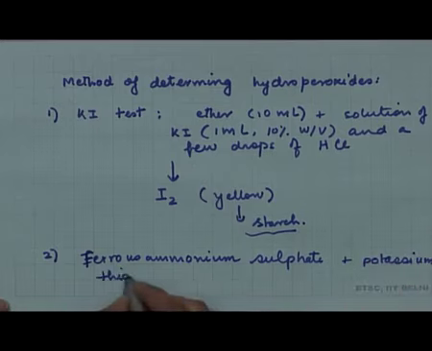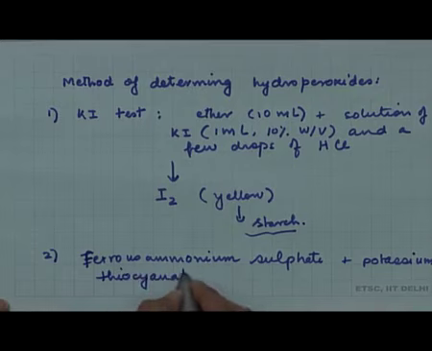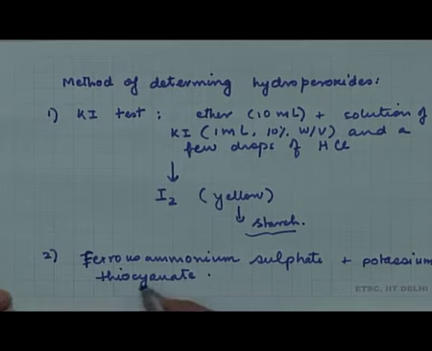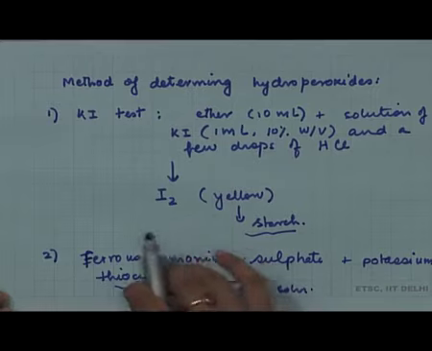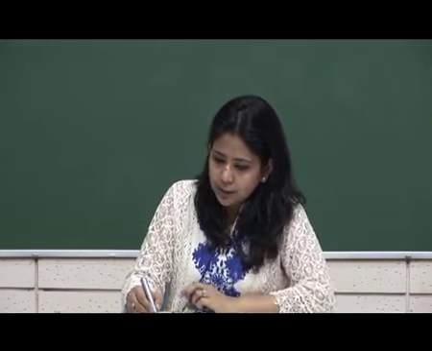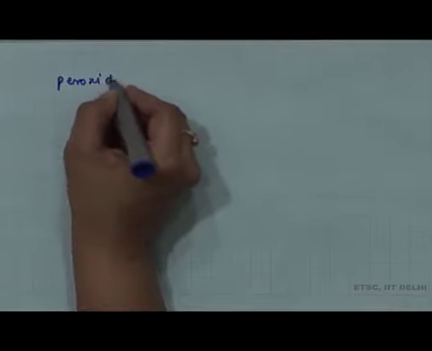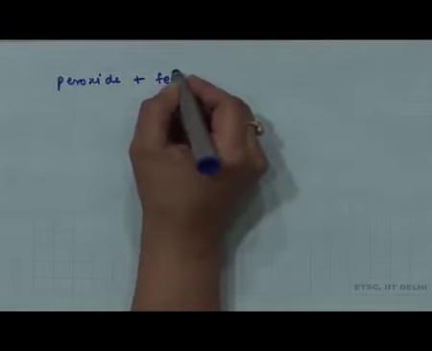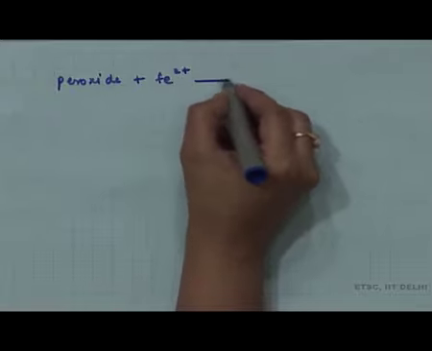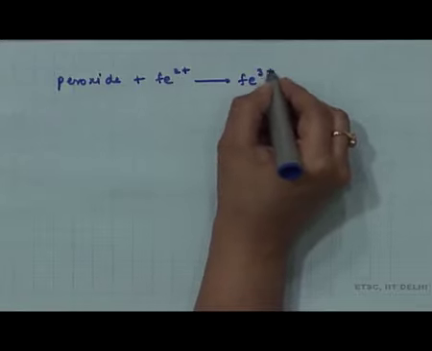You take the ether solution and shake it with a mixture of ferrous ammonium sulphate and potassium thiocyanate aqueous solution. When you do so, the peroxide reacts with the ferrous ions and oxidizes them to ferric.